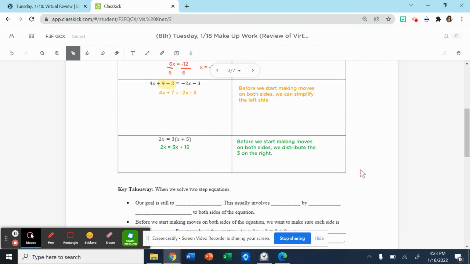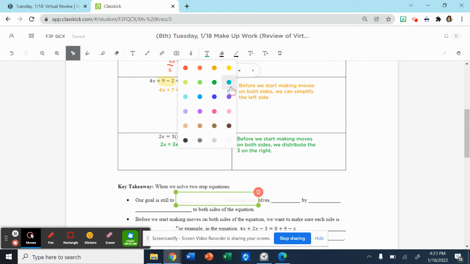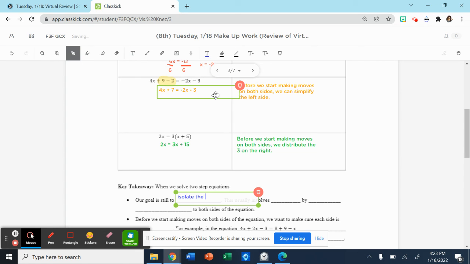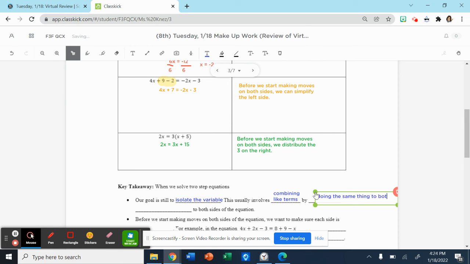So the key takeaway here is that our goal is still to isolate the variable. This almost always involves combining like terms, so putting x's together, putting whole numbers together, by doing the same thing to both sides of the equation. You're going to hear me say that so much during this unit: doing the same thing to both sides.